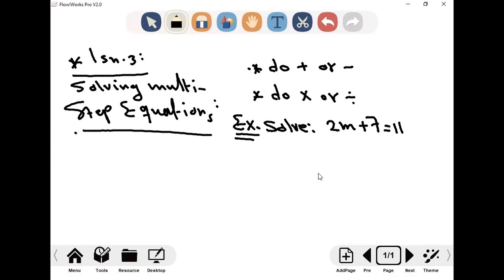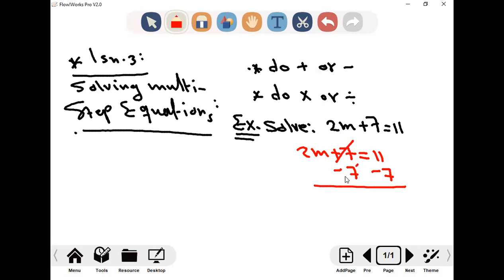The first step is to get rid of the addition or the subtraction. We have addition here. So I will rewrite the equation 2n plus 7 equals 11, and I want to get rid of the addition. We call it shifting.